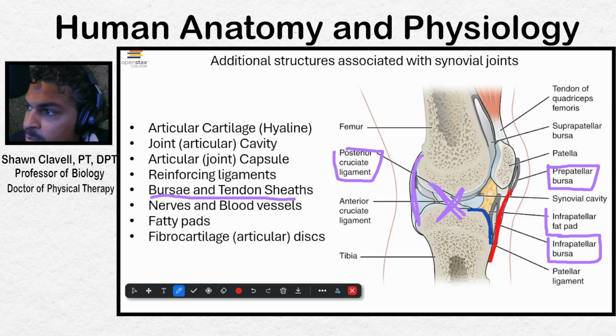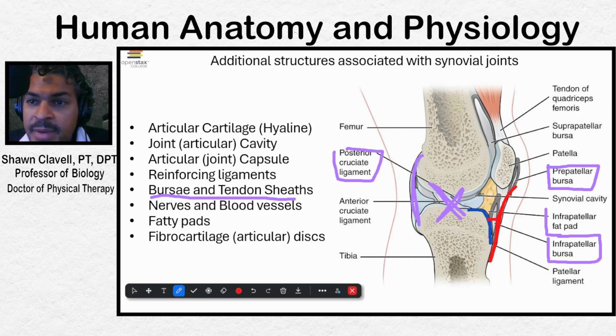So areas where bone might meet tendon or ligament, you're going to find a bursa, or even a fat pad, and there it is, a fatty pad, that provides some protection for that tendon and allows it to move in a more frictionless way. So a bursa is a synovial sac that provides frictionless movement across an otherwise harsher surface.